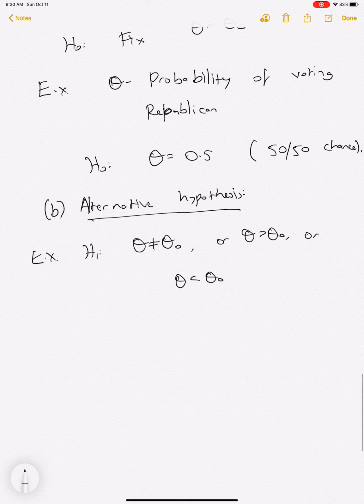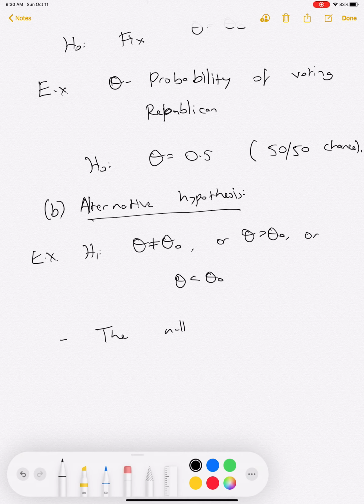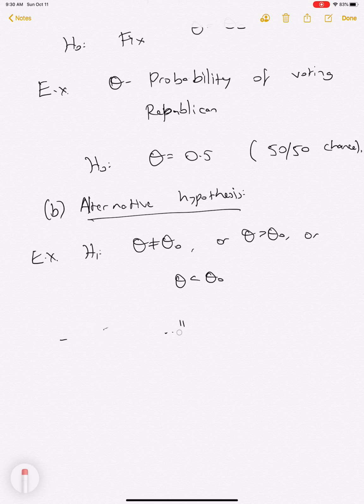You're trying to say something that isn't the null hypothesis, or a better way to think about it is, something that is not part of the null hypothesis.